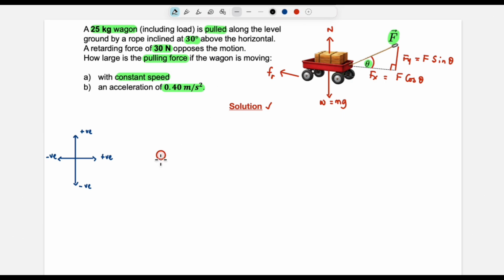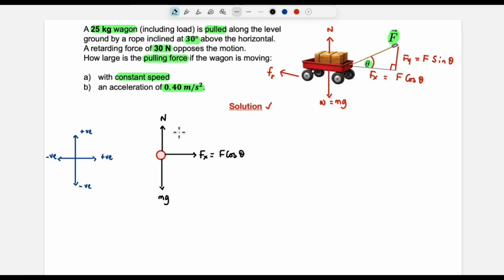So we know vertically there's the weight of this wagon, which is mg. And then the normal force, which is pointing upwards, is going to be N. Now, to the right, we have the horizontal force, which is Fx, that we found to be F cosine of the angle.